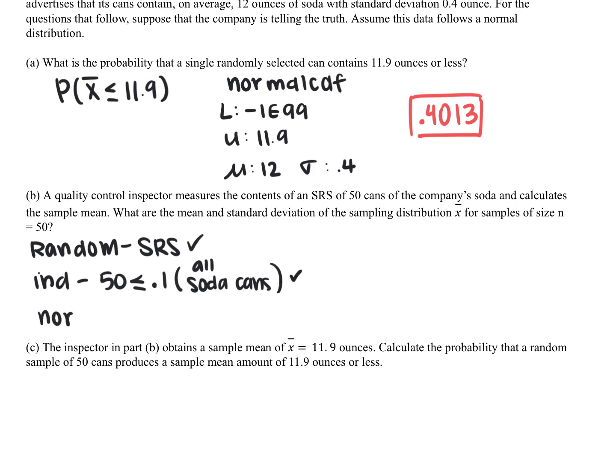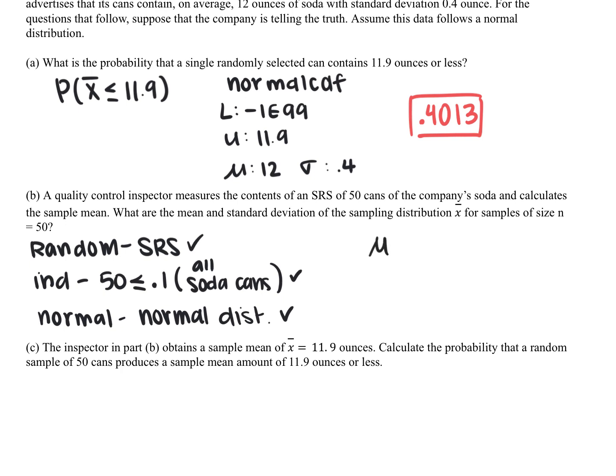And then for normal, it does state that it is a normal distribution. So I don't have to check that my sample size is greater than or equal to 30, but it is. So even if I didn't know that the distribution was normal, I still have a large enough sample size.